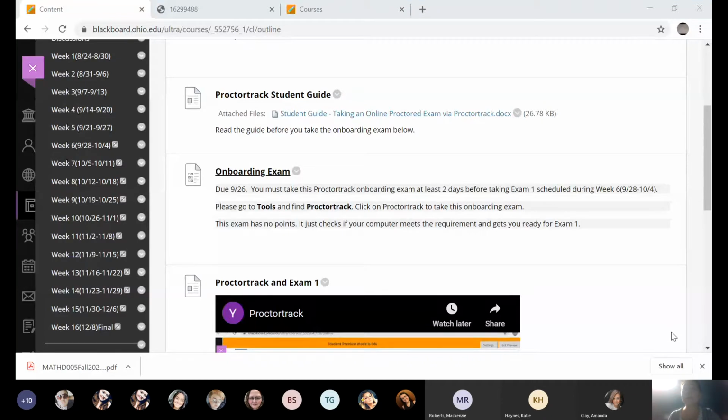Yeah, the Chromebook doesn't work. That's what I said in the document, in that student guide. Do you have any other computer, laptop or desktop? If you don't, you might be able to borrow one from OU. In the worst case, a desktop will work.